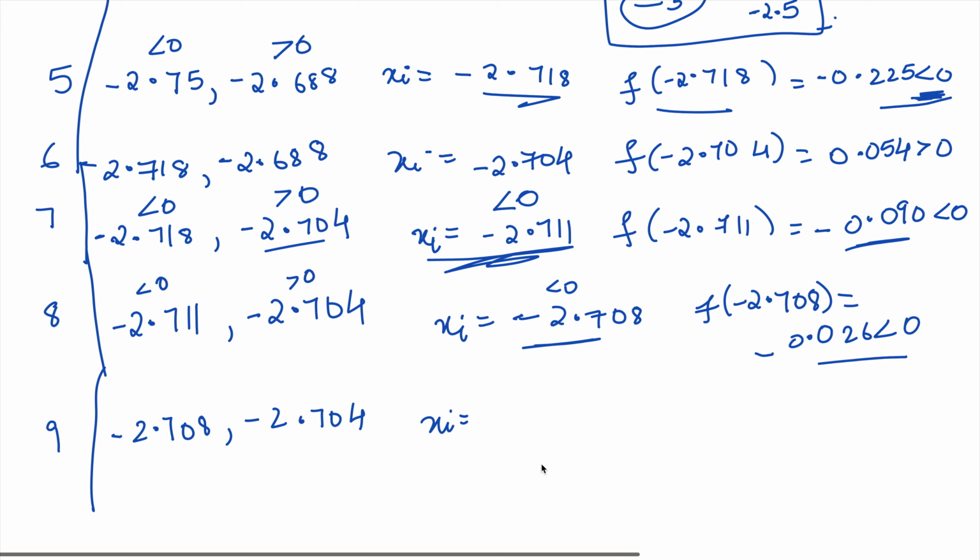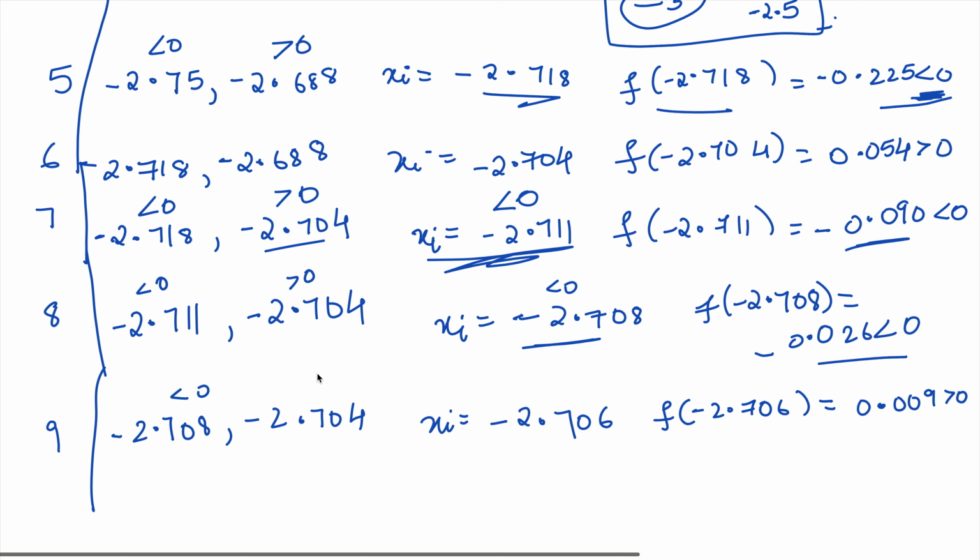What will be our xi? -2.708 plus -2.704 divided by 2, which is -2.706. Now f of -2.706 is equal to 0.009, which is greater than 0.